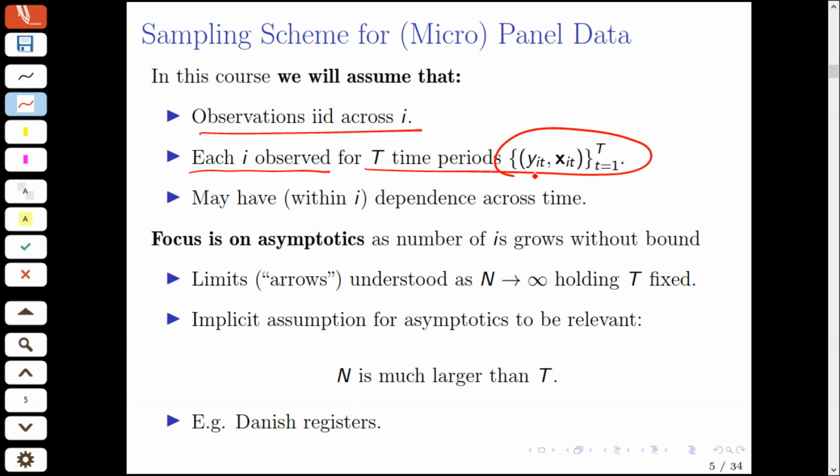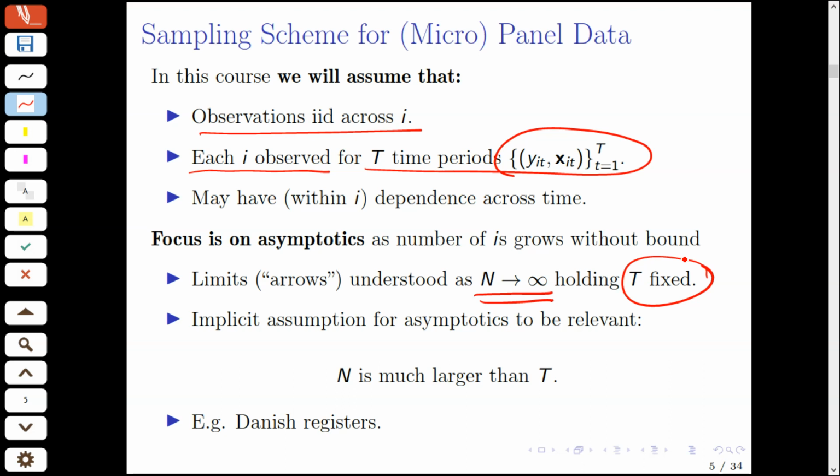Now, we will still focus on asymptotics as the number of individuals, the number of i's, capital N, grows without bound. Hence, when we talk about limits of various objects, or whenever you see an arrow, you should understand this arrow as n going to infinity, holding the panel dimension, or the number of time periods, capital T, fixed.